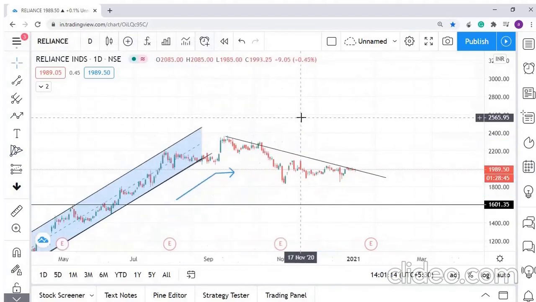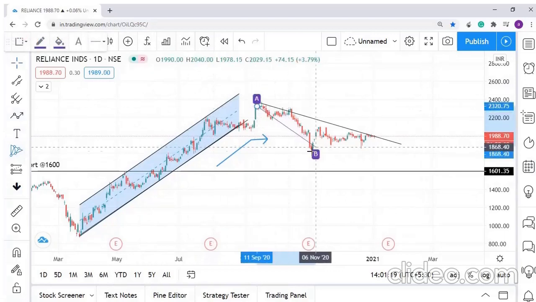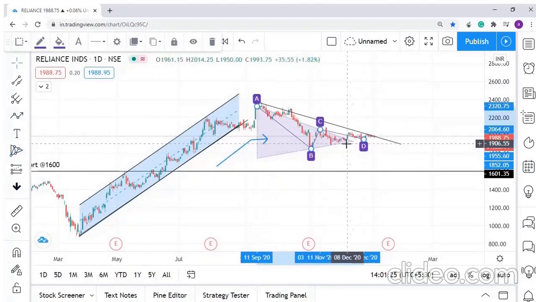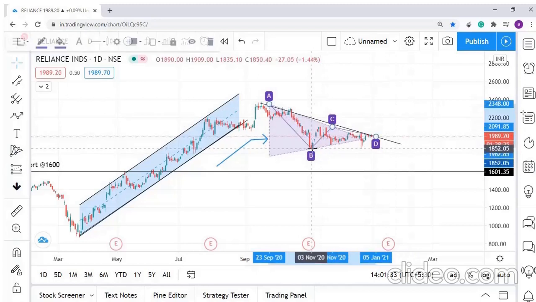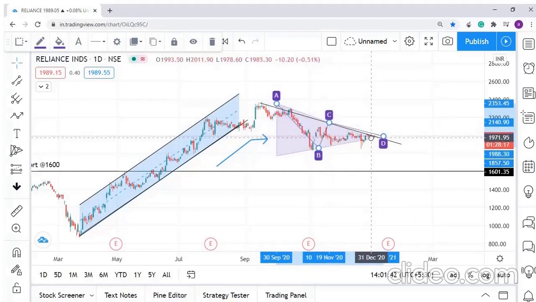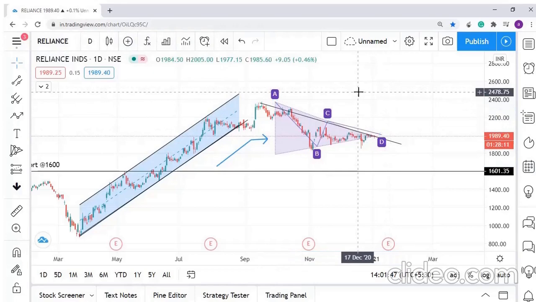I'll delete it from here. Okay, so as you can see, the price is trending between this triangle. So this is how you draw a triangular pattern on the chart.